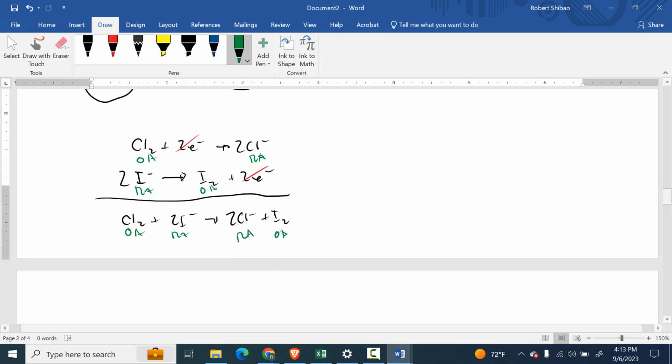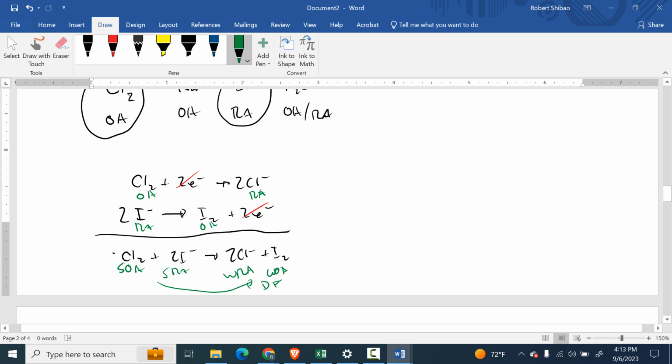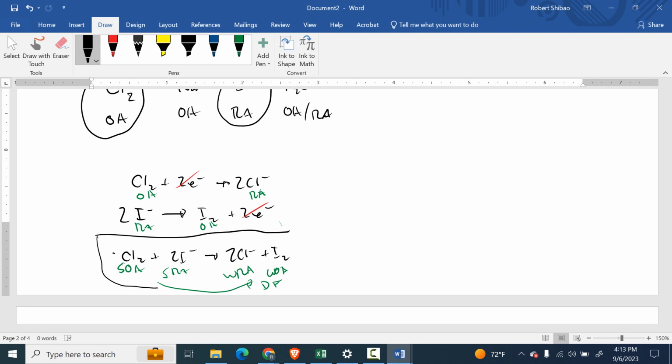The driving force is that we're going from a stronger oxidizer, chlorine, to a weaker oxidizer, iodine. And that must mean that iodide is a stronger reducer than chloride, due to the conjugate relationship. And so we have a driving force, we have a reaction, and the reaction is a redox reaction, shown here.